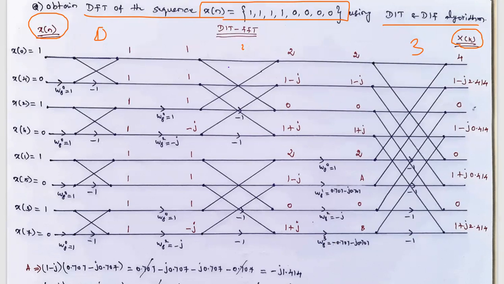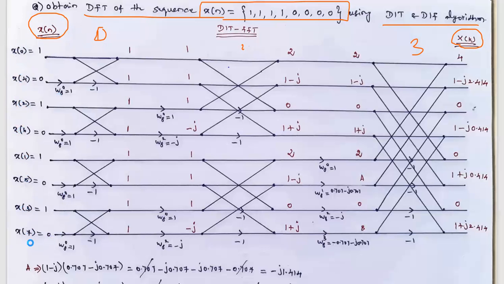In the DIT algorithm, the input x of n has to be given in bit reversed order. That's why the inputs applied to this butterfly diagram are x of 0, x of 4, x of 2, x of 6, x of 1, 5, 3, 7.